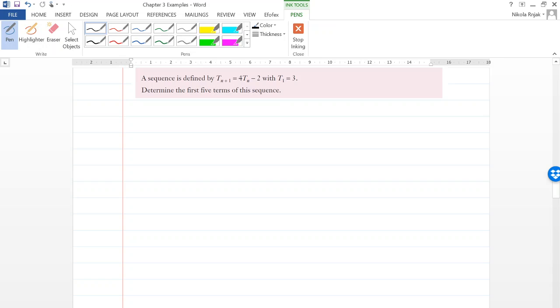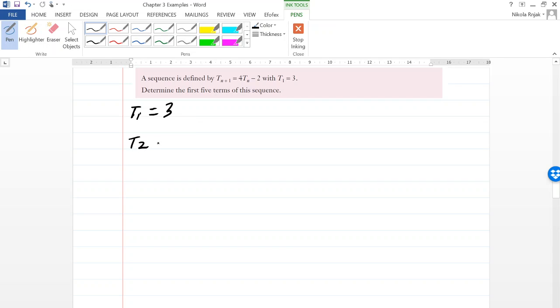So this means to get the next term, you take the current term, multiply it by 4, then you take 2. So first term is given to us, 3. So we've got 3, and we need to figure out the first 5 terms of the sequence, so 4 more.